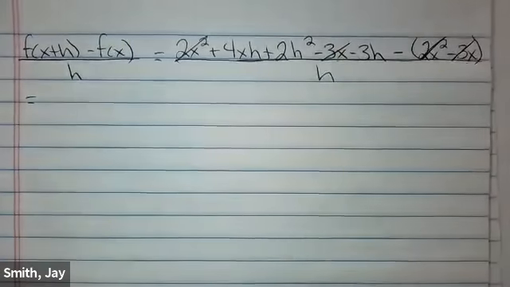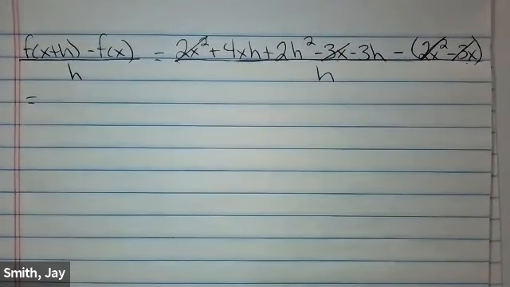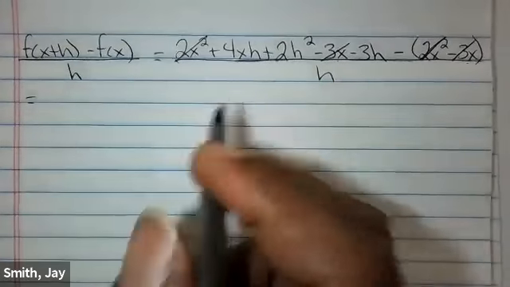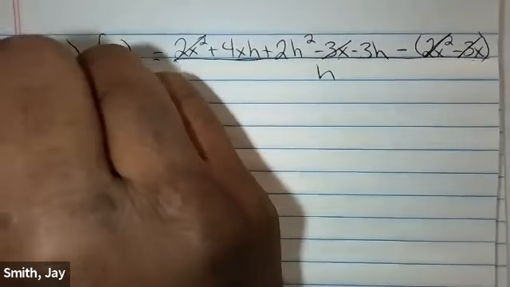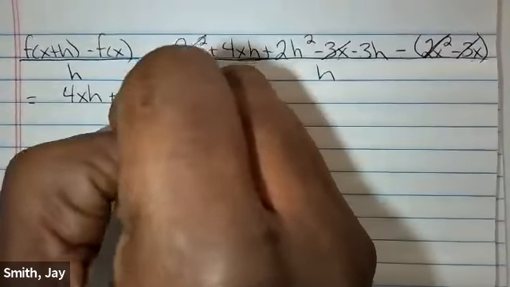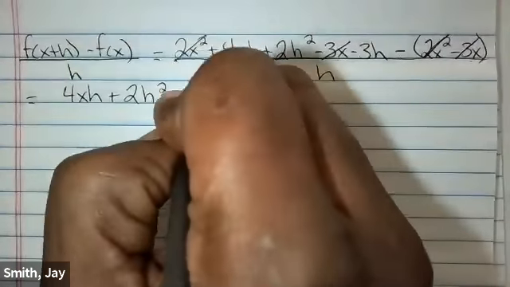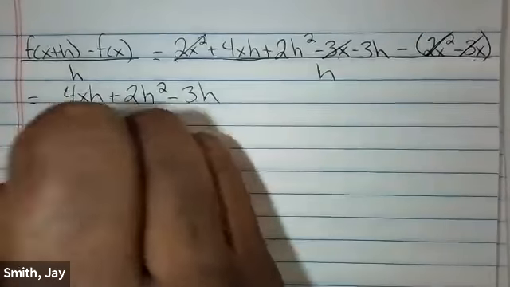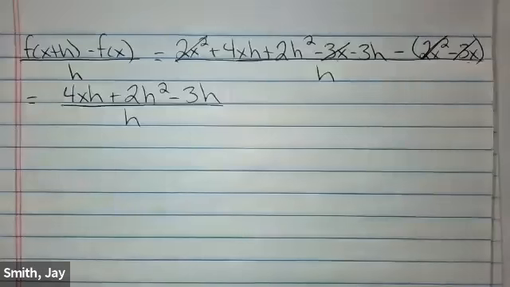Those two terms will cancel as well. So what we're left with in our numerator is 4xh plus 2h squared minus 3h. This is all still being divided by h.